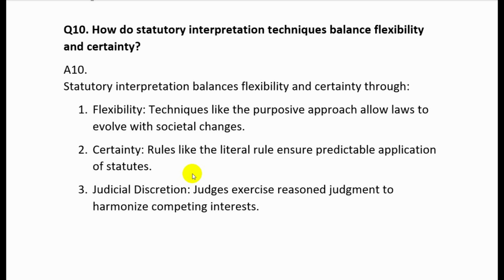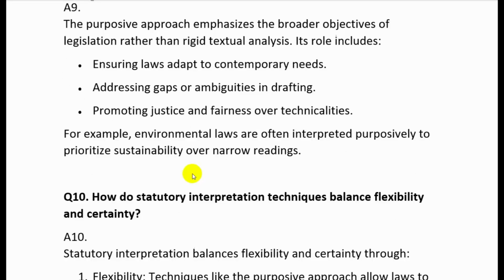So, how is flexibility achieved? By techniques like the purposive approach, allowing laws to evolve with societal changes. When statutory interpretation is done, we know that interpretation can be done via the purposive technique.